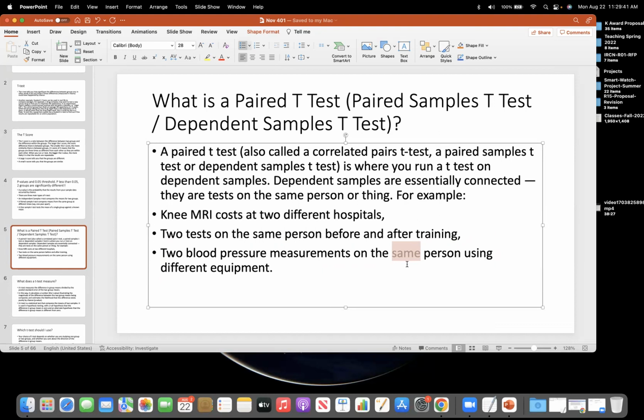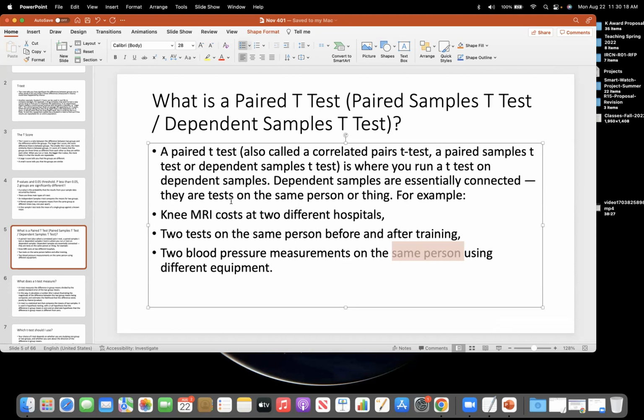So one person, and I want to measure their blood pressure using say one, two, or three blood pressure measuring instruments, right? But the keyword here is one person, the same person. Okay. So I'll ask you, what is a paired t-test? A paired t-test is where you run a t-test on the same person or same thing, or in other words, dependent samples.